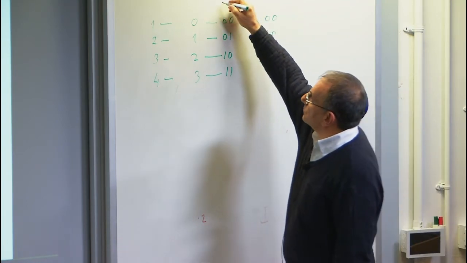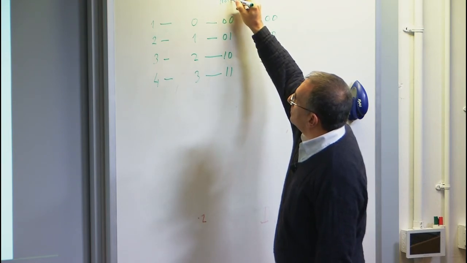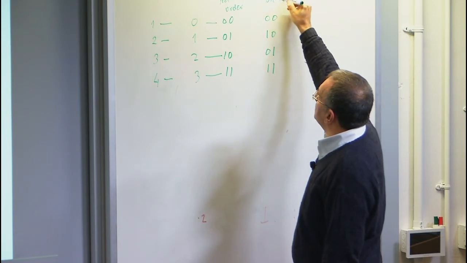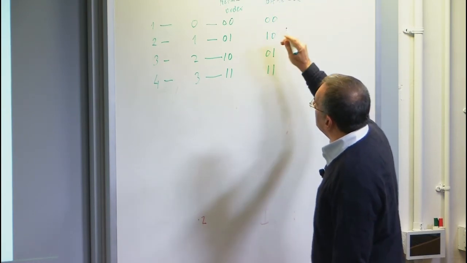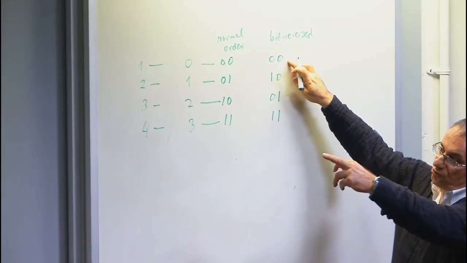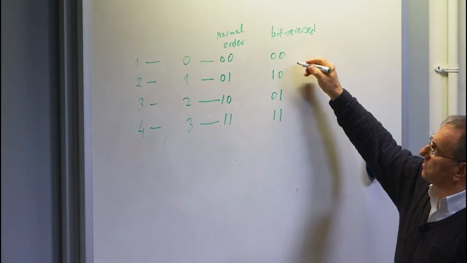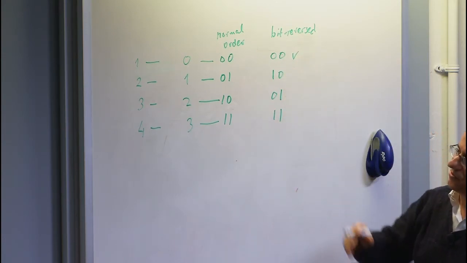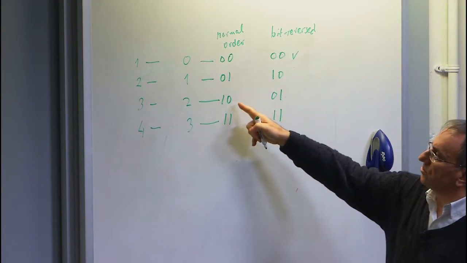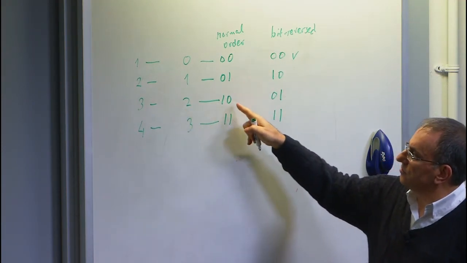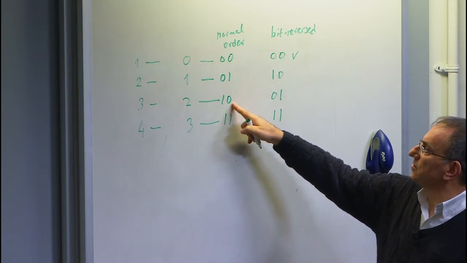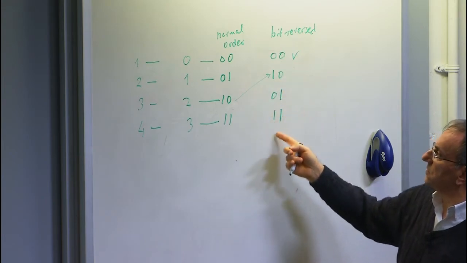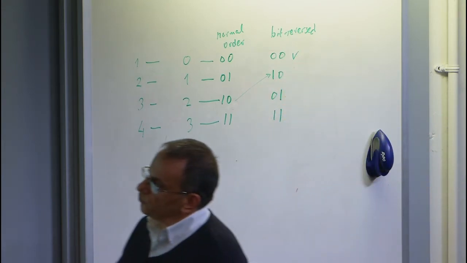This is the normal order, and this is the bit reversed order. If you look at the wires, I'm first decoding the wire with label 0, 0. Then I'm decoding the wire with index 2 that has label 1, 0. If you do bit reversal, you can read the exact ordering in which we do the decoding.